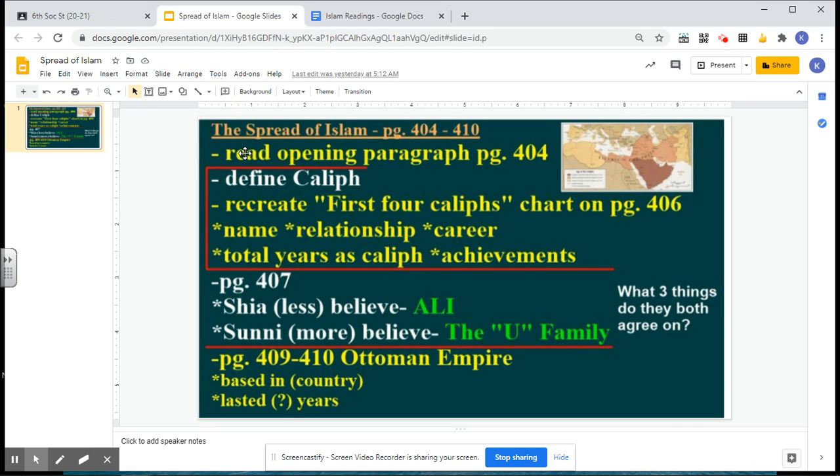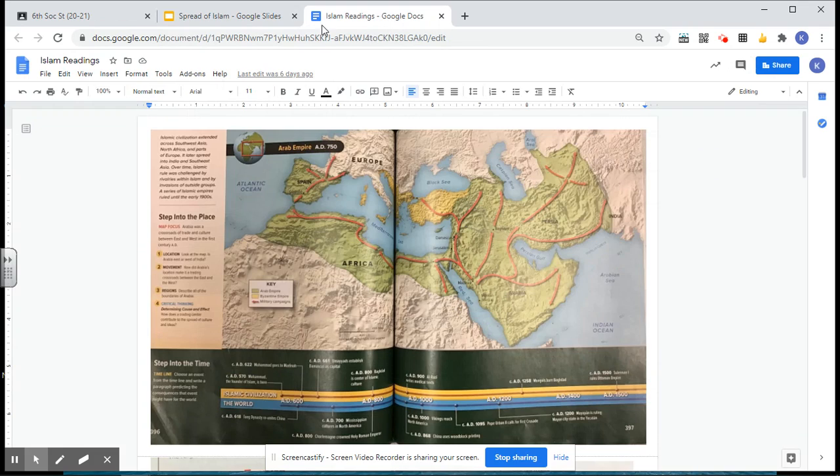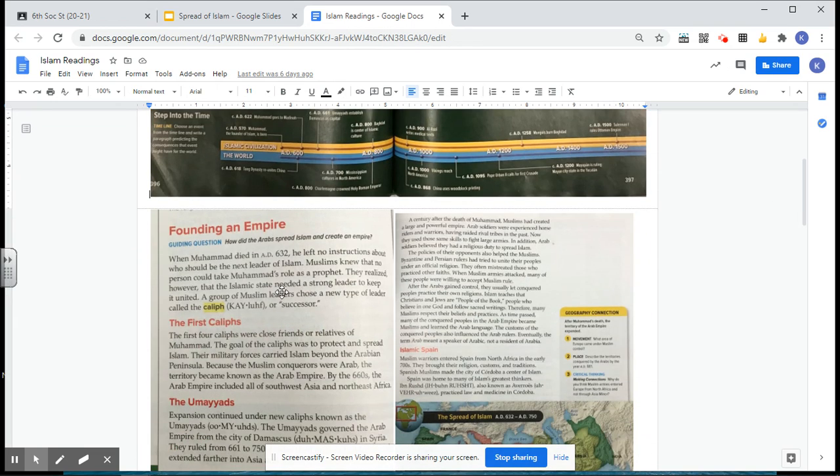To start with this opening paragraph, if you all read it from this page right here, the big ticket item is that this conversation starts in the year 632 when Muhammad, who was the prophet of Islam, dies. The problem is he does not leave any kind of structure for who's to be in charge next. So, as it says, he left no instructions about who would be the next leader.